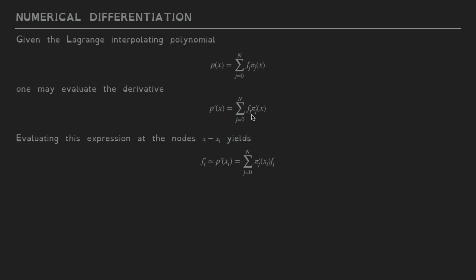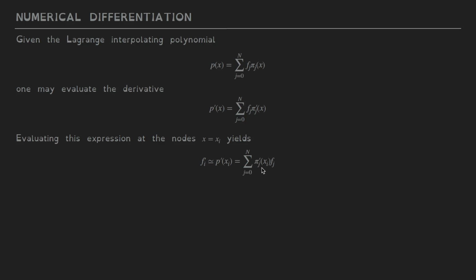Since fj is a constant, the derivative only sees these polynomials. And if we evaluate this expression at a node x equals xi, then we obtain this expression.